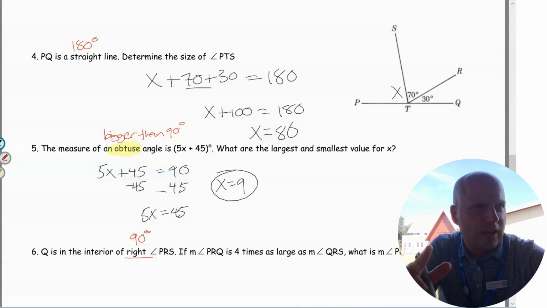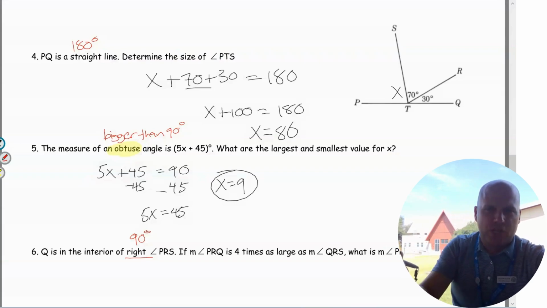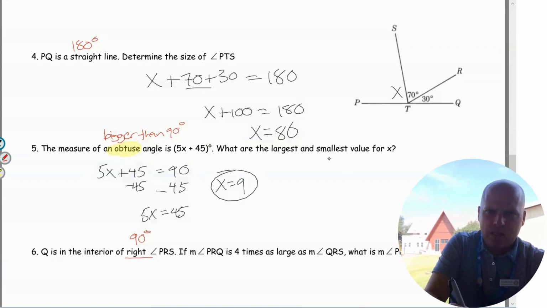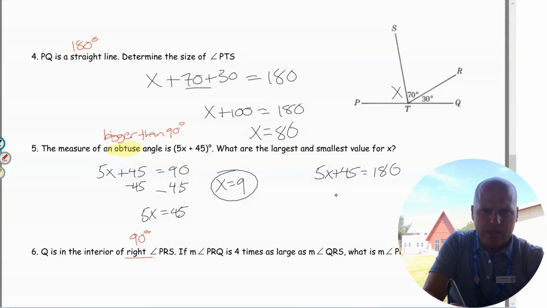Let's say obtuse angle. I like to just say it's bigger than 90, but if we're saying it's between 90 and 180, then 5x plus 45 equaling 180 means 5x equals 135, subtracting 45.